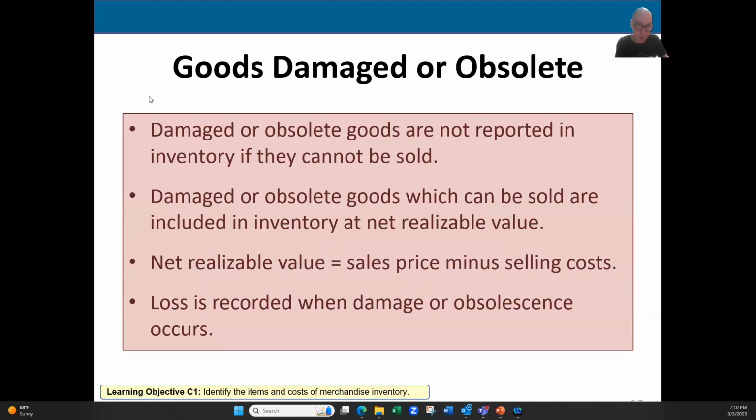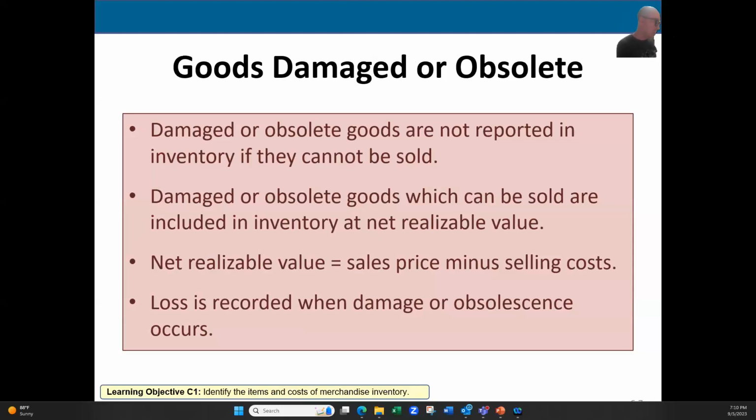Damaged or obsolete goods. If it's damaged, it means it doesn't work, or it's partially damaged or mostly damaged. I don't report damaged goods in my inventory because I can't sell them.